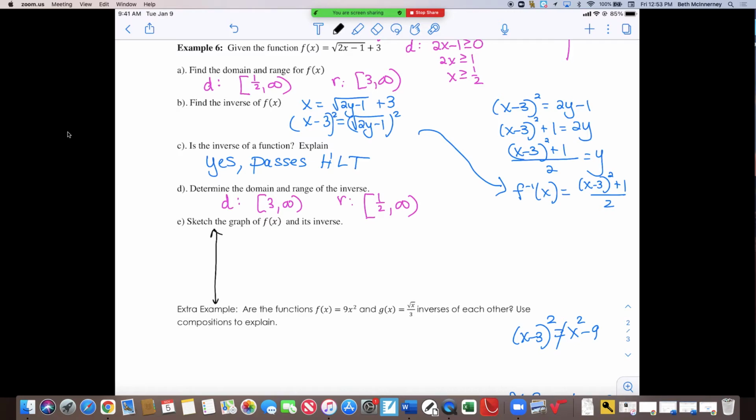So let's go ahead and try to make sketches here. On f of x, you remember how we said the domain was 1/2 to infinity? If you plug 1/2 in, that's 2 times 1/2 minus 1 plus 3.